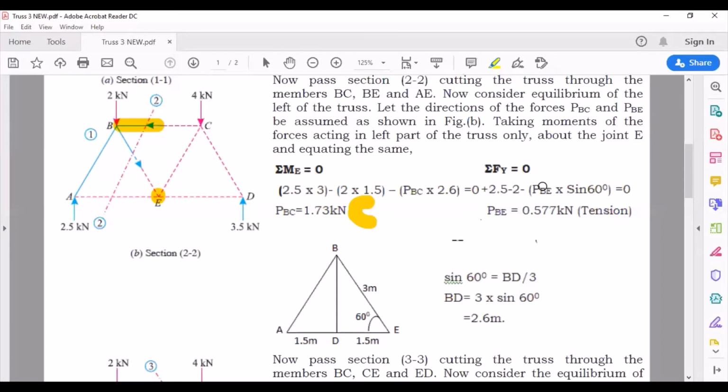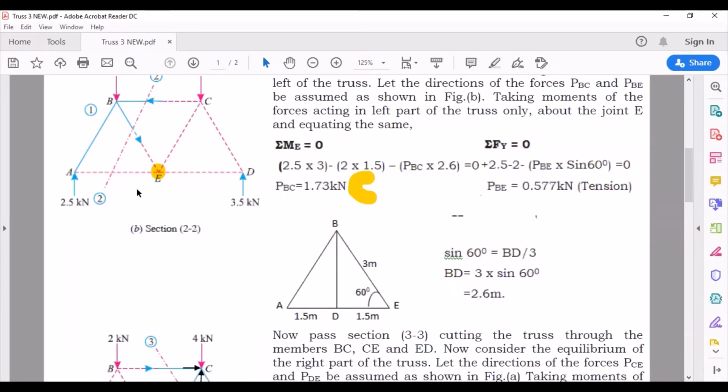If you rearrange the terms in this equation, you will get PBE is equal to 0.577 kilonewton. And if you see the direction, BE is moving away from the joint B. Therefore, it is a tensile type of force. So now you have calculated these two member forces as well. Okay. Next.